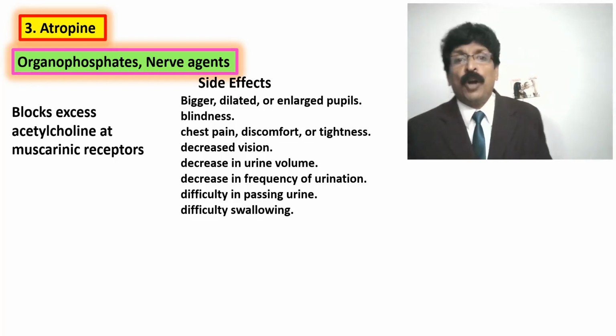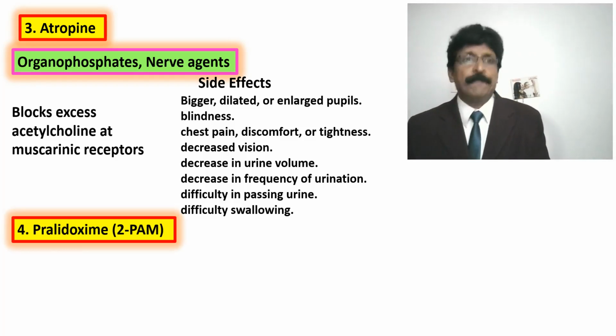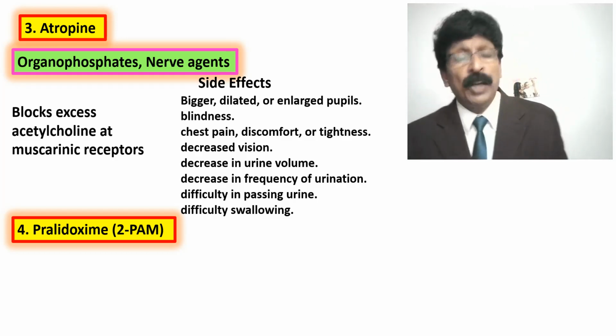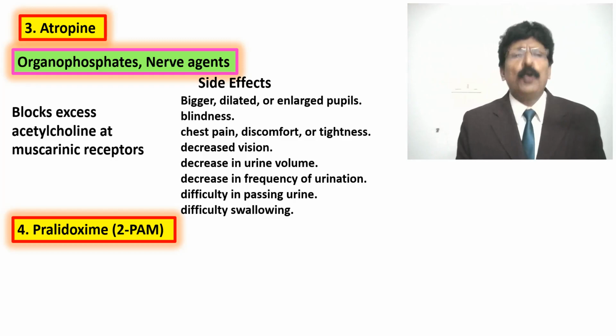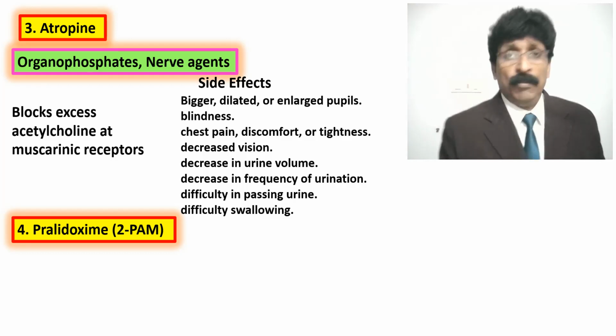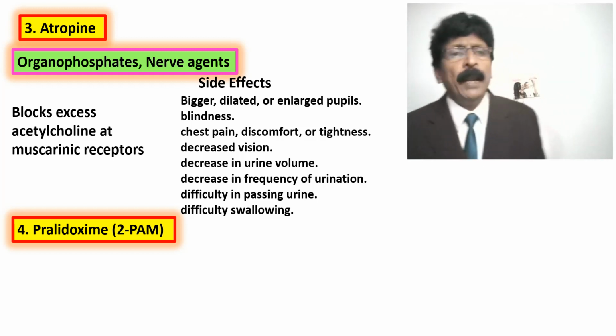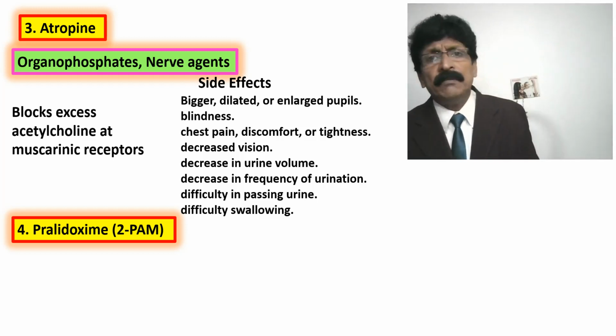Difficulty in swallowing can also be seen. Very simple to write the side effects which may be caused by atropine when you are using it as an antidote in organophosphates or nerve agents, nerve block agents.